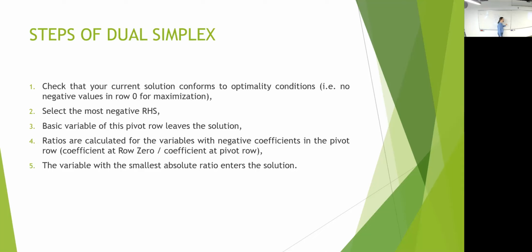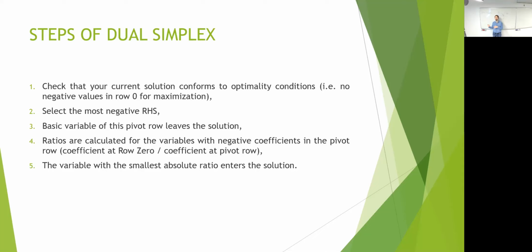So the first thing we have to check, which is the most important part for dual simplex, because you cannot apply dual simplex otherwise, is that the objective function coefficients conform to the optimal conditions. This is the most important part. If it's not happening, you have to keep making normal simplex iterations till you get an optimal objective function row.